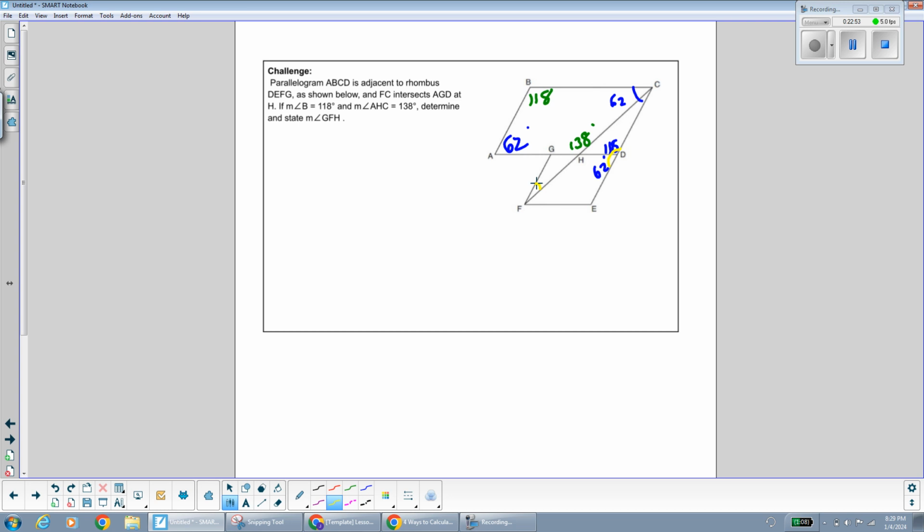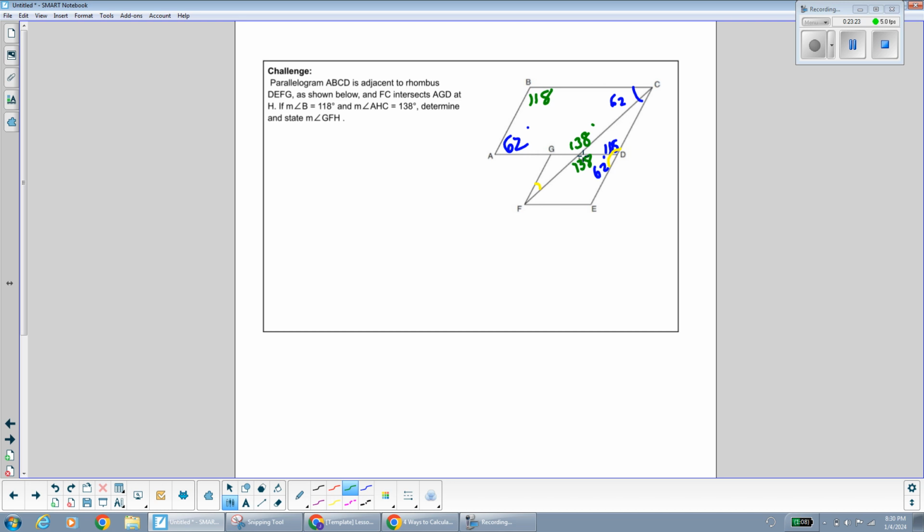And we do know that DEFG is a rhombus. Let's see what other conclusions we can draw. I knew that this was 138 degrees, and it's vertical to this angle, so this should also be 138 degrees as well.